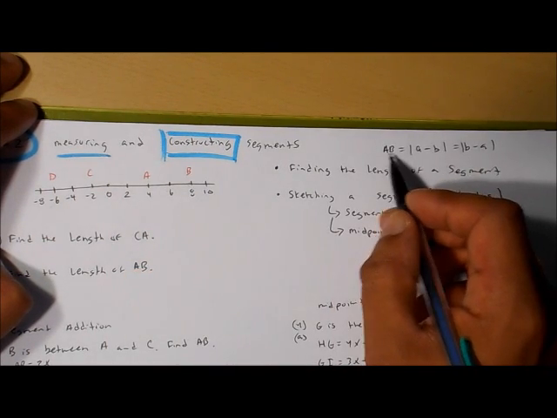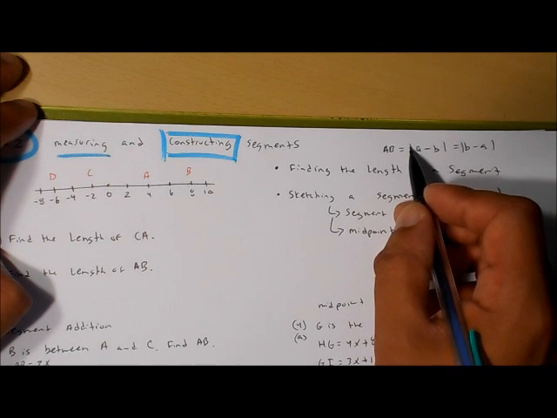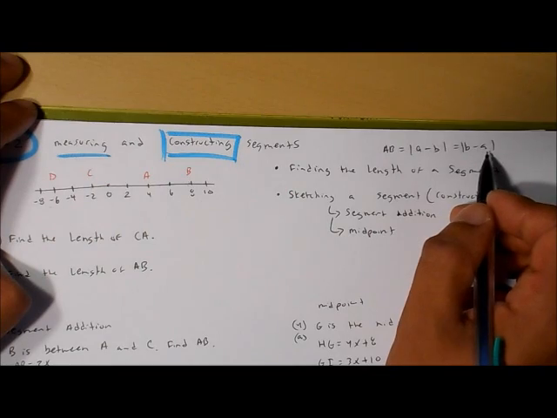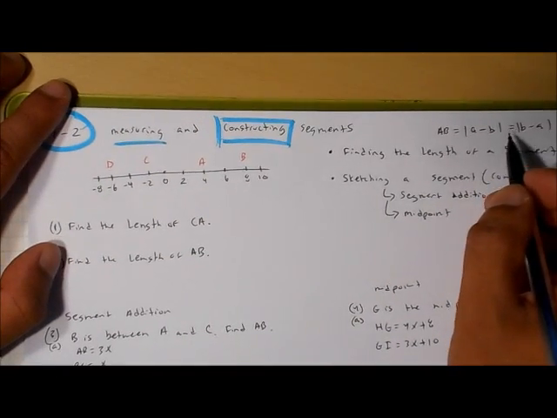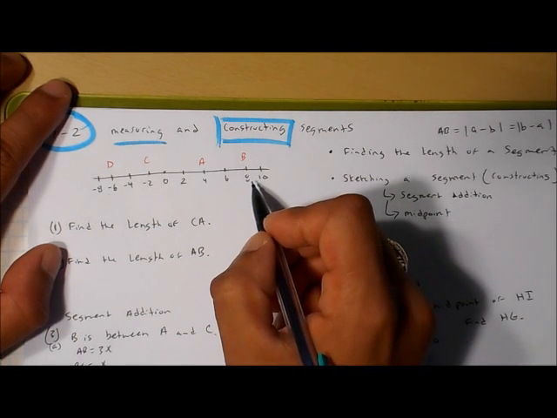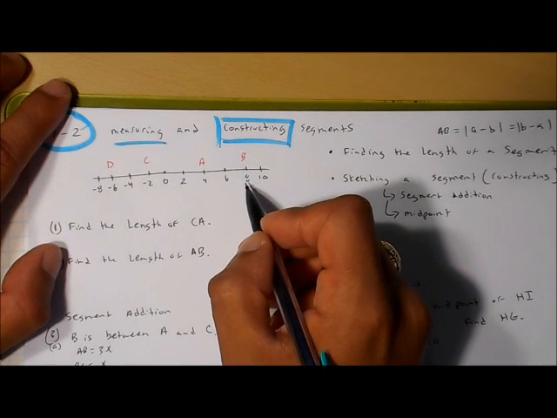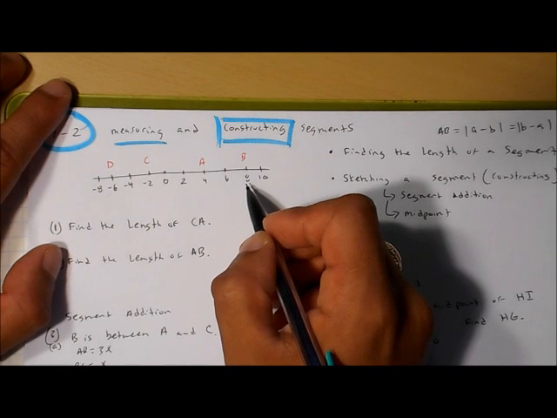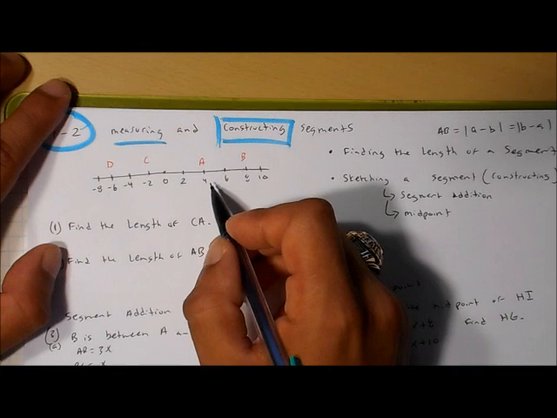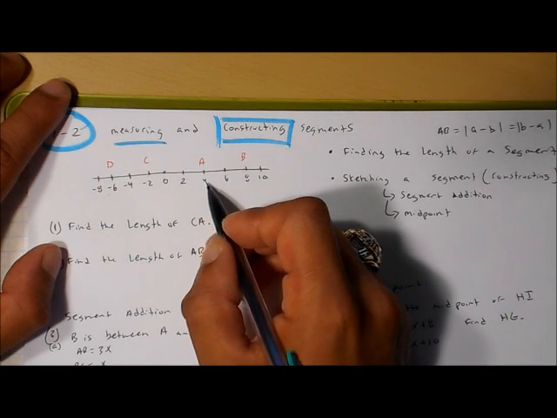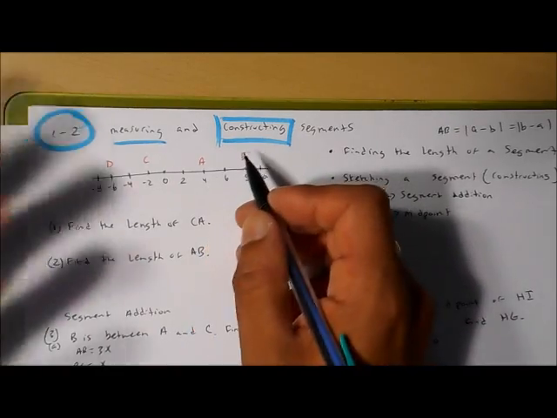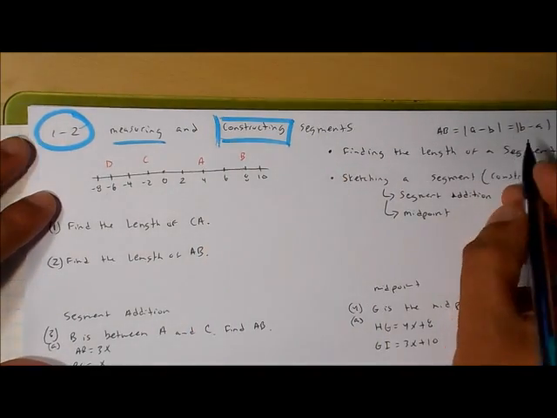You can also find AB is equal to the absolute value, which is these two vertical bars, of A minus B or B minus A. That means we can subtract 4 minus 8, and that'll give you negative 4. And the absolute value of negative 4 will be just 4. And B minus A is 8 minus 4, which equals positive 4.